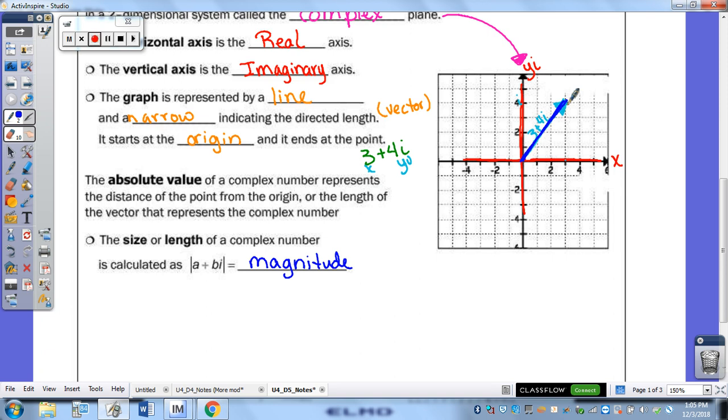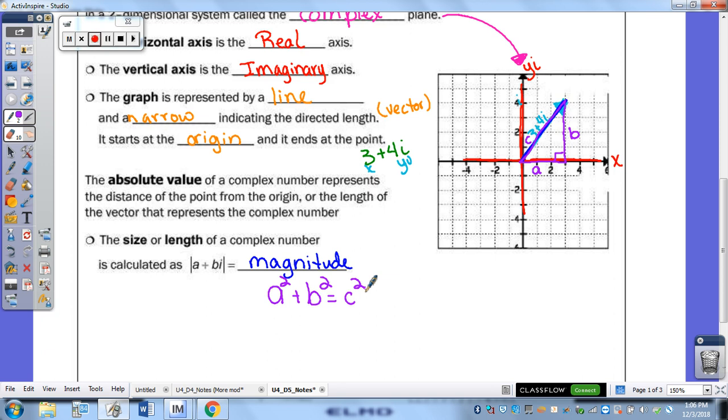If you took your complex number, drew a straight line down connecting you to the x-axis, you then created a right triangle. Remember your a's, your b's, and your c's. You figure out your magnitude by doing a squared plus b squared equals c squared. And that's going to give you the length of your vector that you have there.